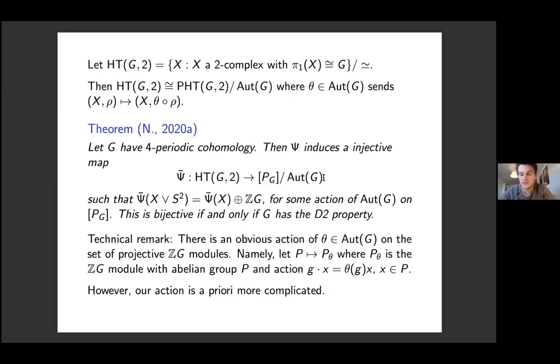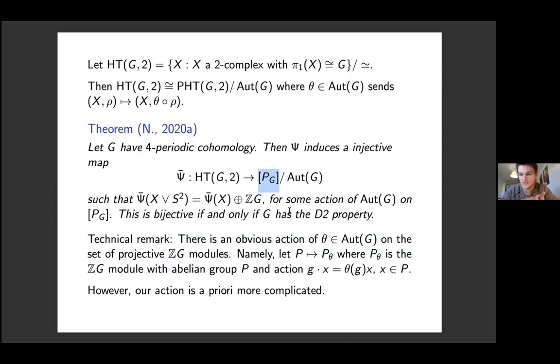So this action of Out G on PG is not necessarily that one. Though I confess that I don't actually have any examples where this action of Out G on PG is not that action. And the weird thing is to do with the fact that this action on projective modules doesn't necessarily map something in this class to something in this class.